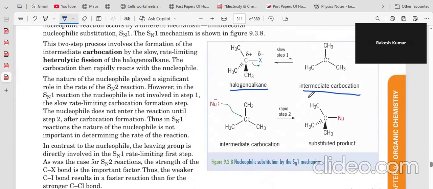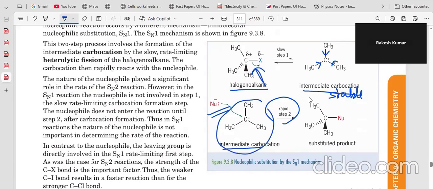So the first step is the breaking down, and the stability of this is very important. Stability will be more if there are three groups, so tertiary, and then the nucleophile can come and attack. This is rapid, so neither the strength nor the concentration is important. What is important is this bond breaking down, and whether the positive inductive effect is there. This is SN1.